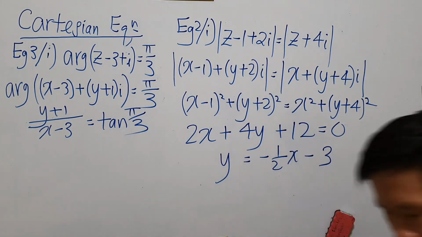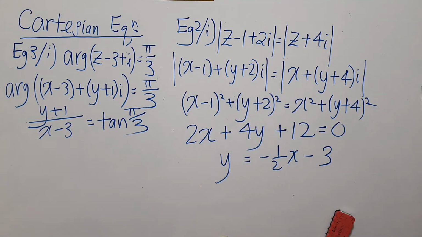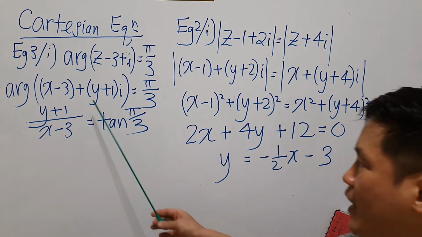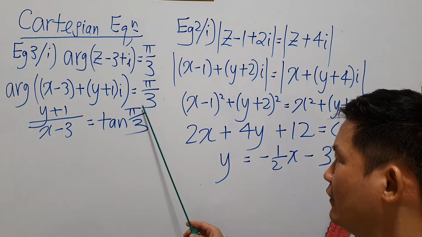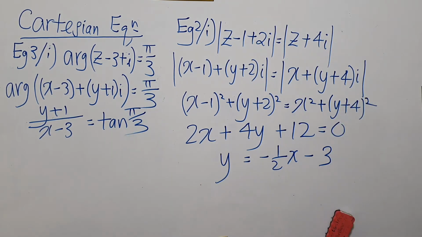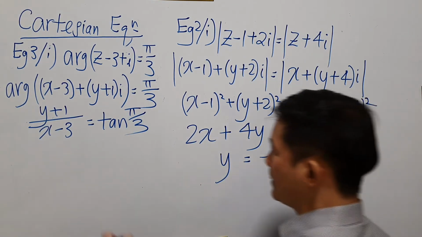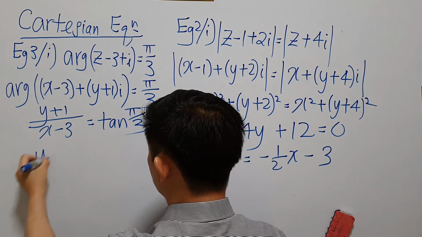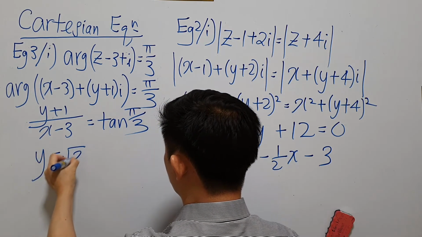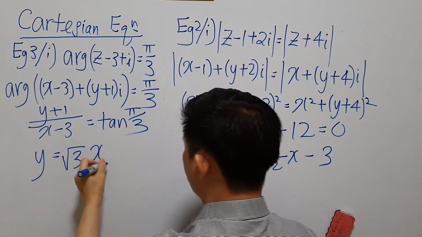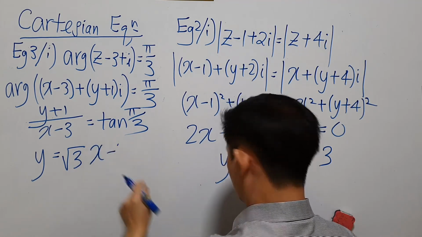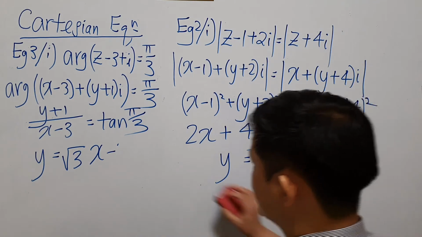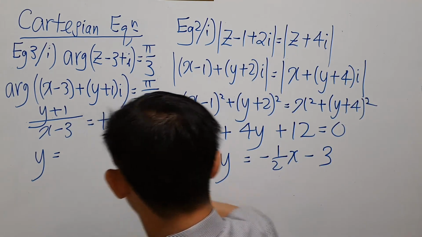So once again, for any complex number, if you take the imaginary part divided by the real part, it will always be tangent of the argument. And this gives me y is equals to root 3x minus, okay, I made a mistake.